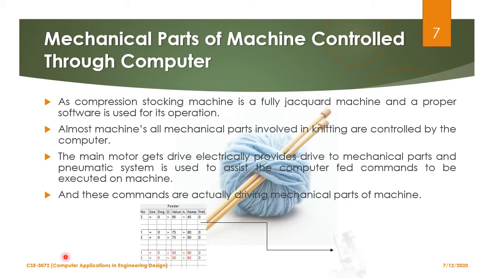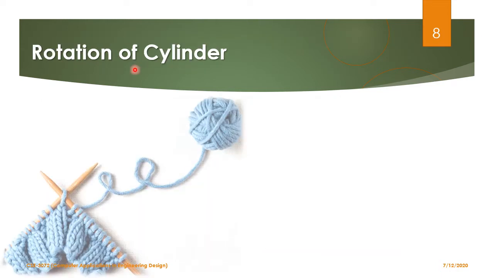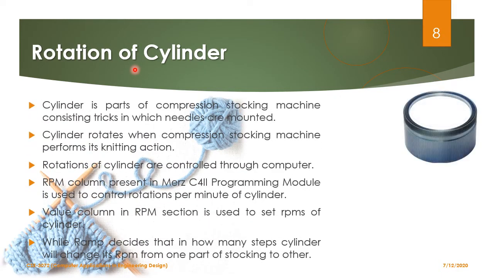This is a general layout where we enter a value in the feeder, and this acts on the furniture present on the machine and controls its rotation with respect to the rotation of the cylinder of the machine. Cylinder is a basic part of a compression stocking machine, which consists of sticks in it and needles are mounted on it. The RPMs of the cylinder are adjusted from the computer by feeding a value here in the column of RPM.